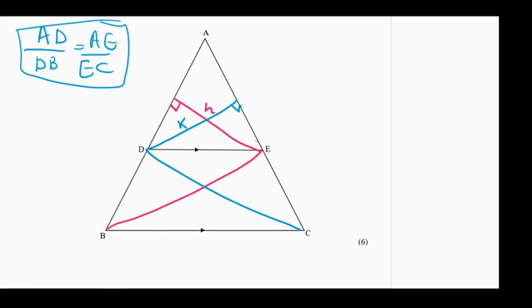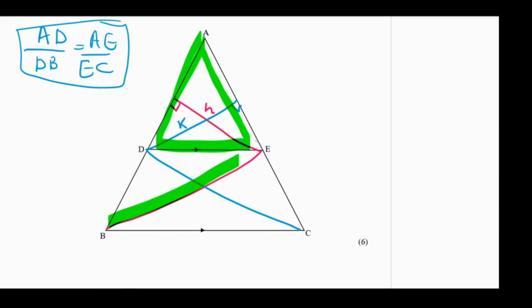Now that we've established our perpendicular heights, let's find the areas. So we're going to find the area of this portion of the triangle at the top, with its base being AD, and we're also going to find the area of this triangle here with its base being DB.